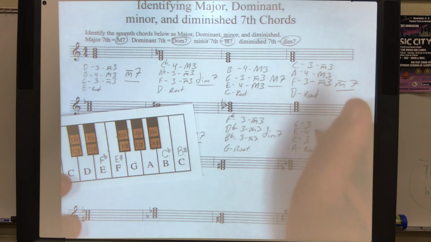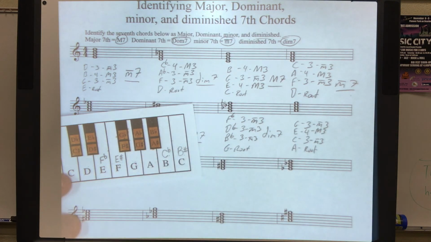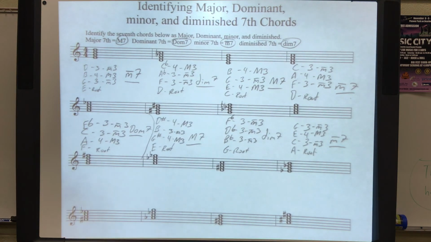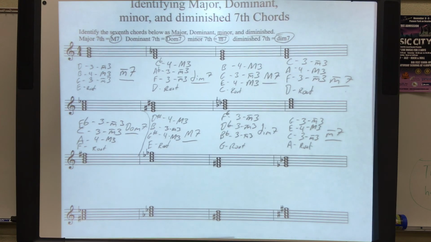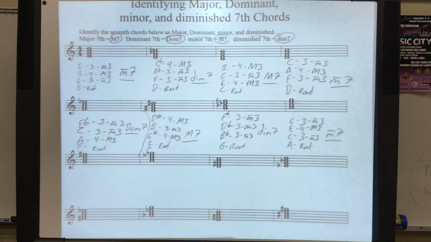So you've got minor third, major third, minor third. When we have root, minor third, major third, minor third, we have a minor 7th chord. You can do the rest on your own and turn it in class. Thank you very much.